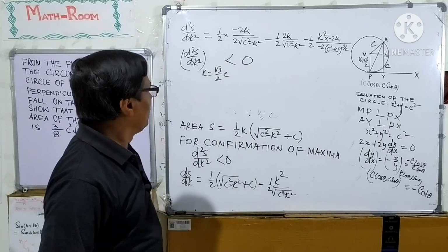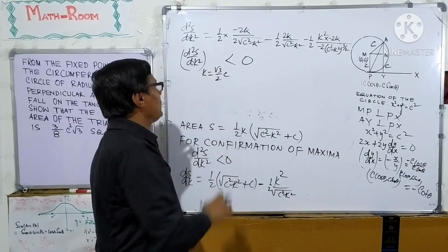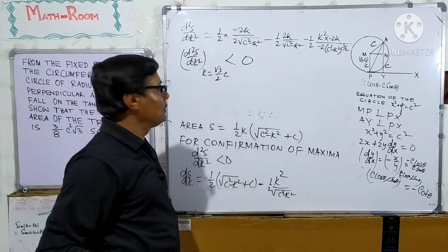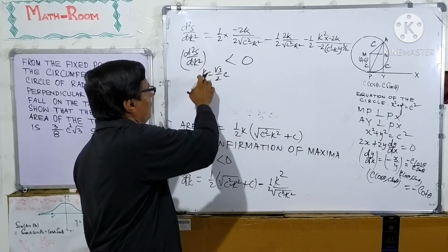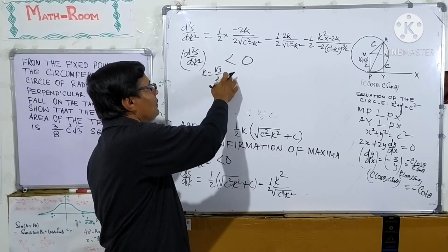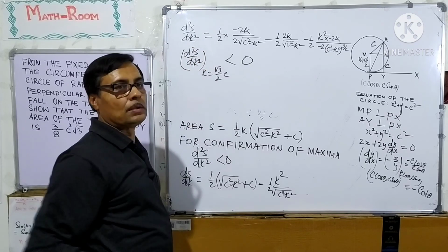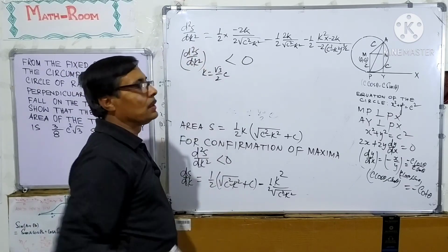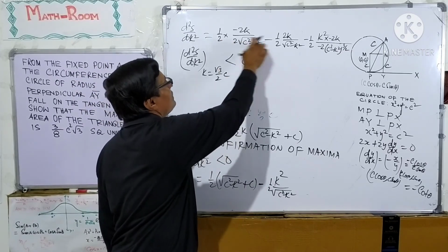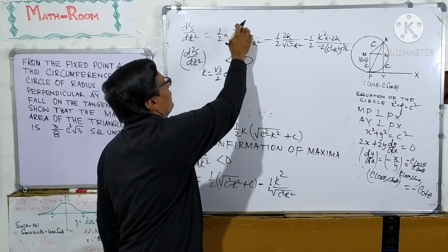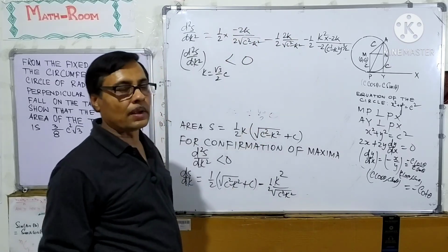At the value of k equal to root 3 over 2 into c, the second order derivative of the area with respect to k is less than 0, because this is negative, and also for positive values of k this quantity is negative.